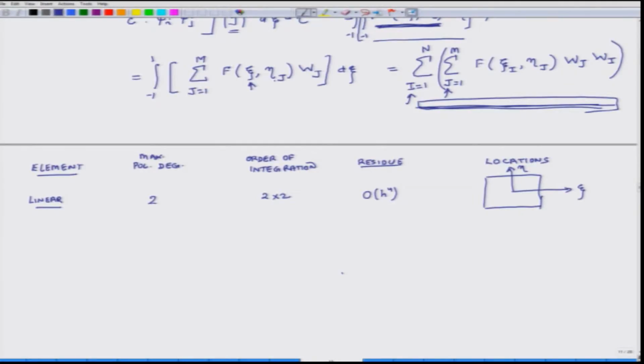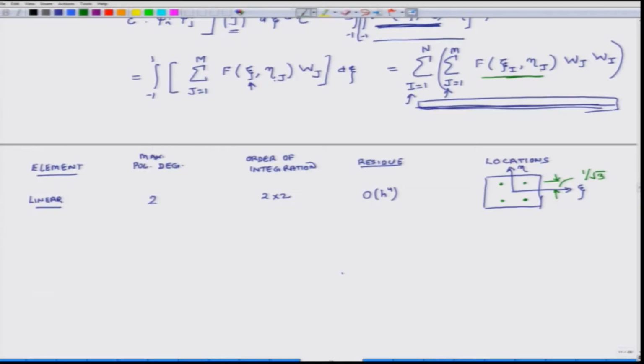So I evaluate f at zeta I and eta J, at these points, and what is the location of this point? This is 1 over square root of 3. So the lower point is minus 1 over square root of 3 below the zeta axis, and the same thing is also true for these other 4 points.